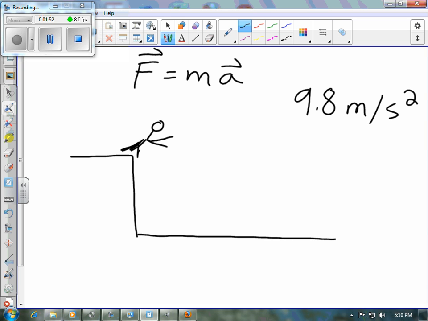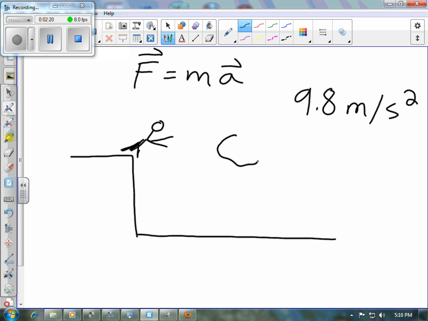Now, this is a little bit of a counterintuitive thing. If you have two objects, say a boulder and a pebble, and you drop both of them off a cliff, is the force of gravity the same on both objects? No.